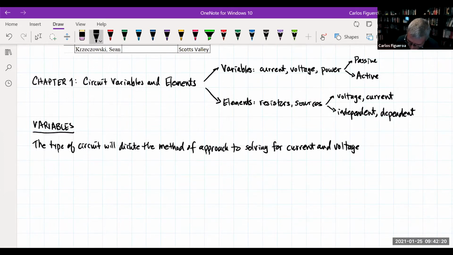And you're going to find that this approach depends on two things.